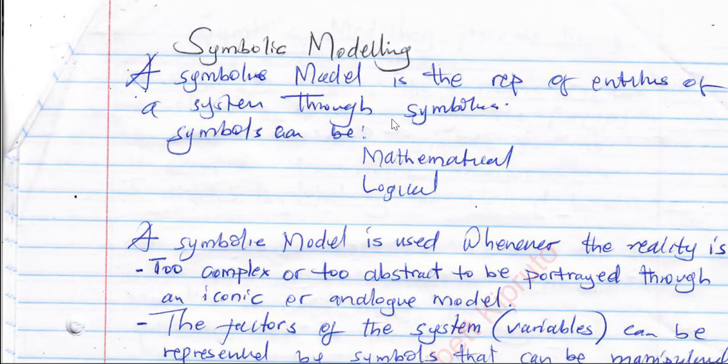The other part we are talking about now is symbolic modeling. Symbolic modeling is just a representation of an entity or a system through symbols. Simply, it can be done mathematically or logically, meaning that you are representing something using symbols.